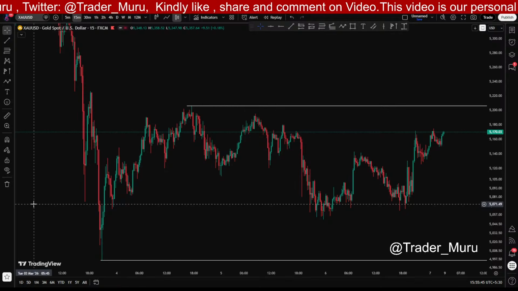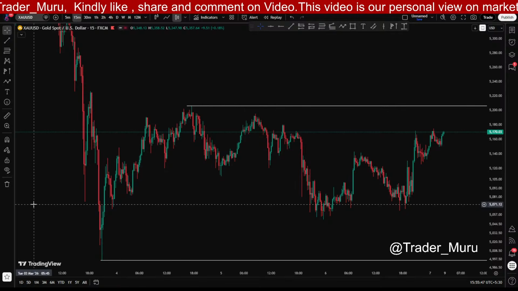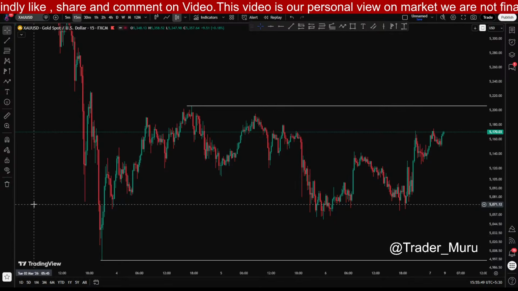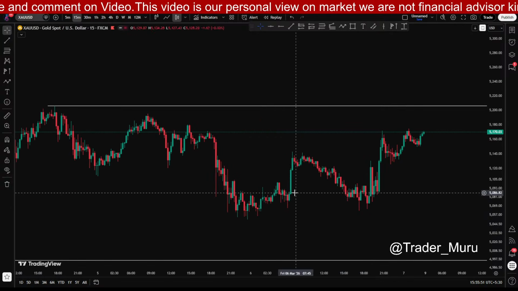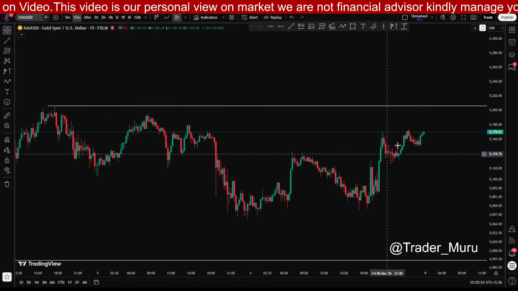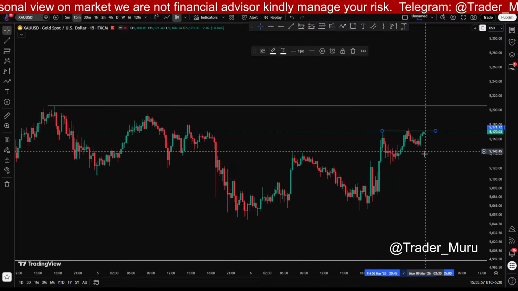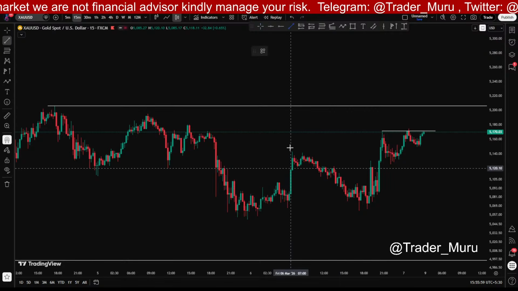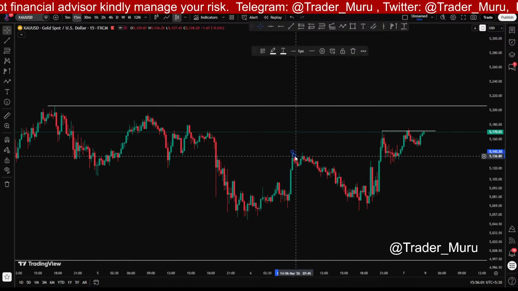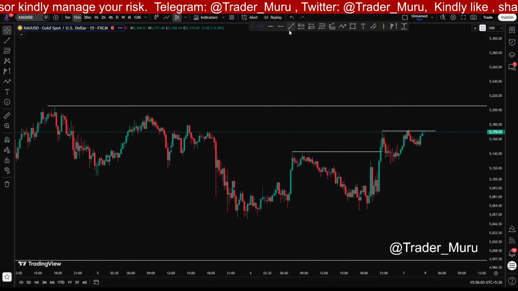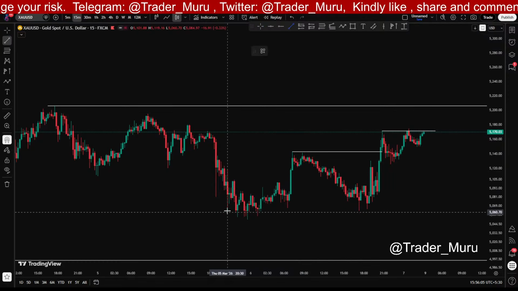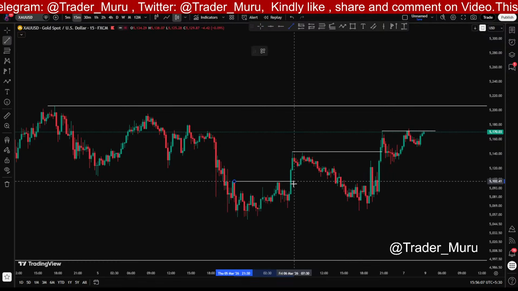So for the short term, we need a 15-minute change of character and retest for the entry. Change of character is already done here. This will be a breakout structure. This will be a breakout structure. See this? This is your market structure shift.